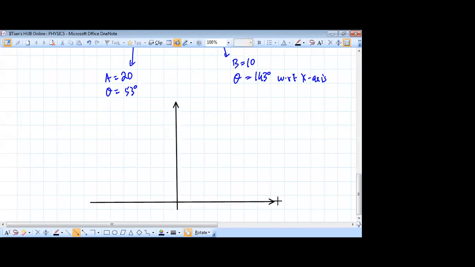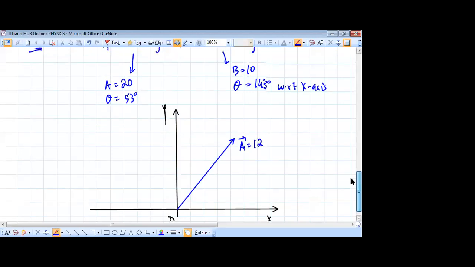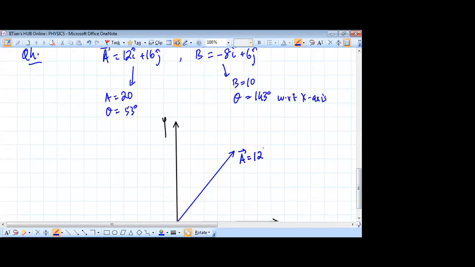If you draw these vectors, you can understand that the vector A is in the first quadrant because it has a positive x component and a positive y component.